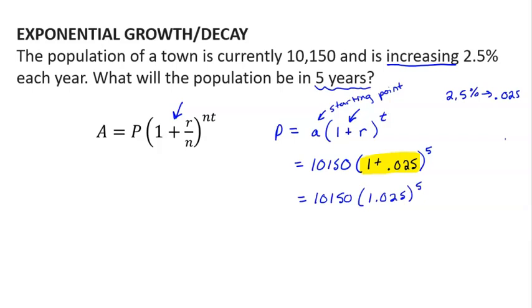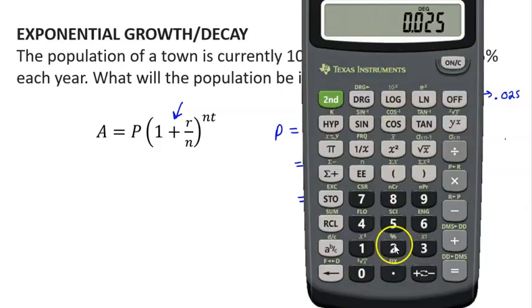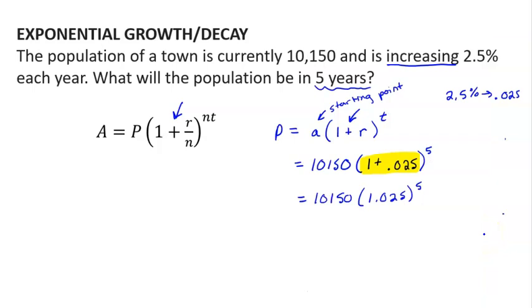And then we're just going to pop this into our calculator. And so I have 10,150 times parentheses 1.025 close parentheses y to the x 5, and that gives me 11,483.